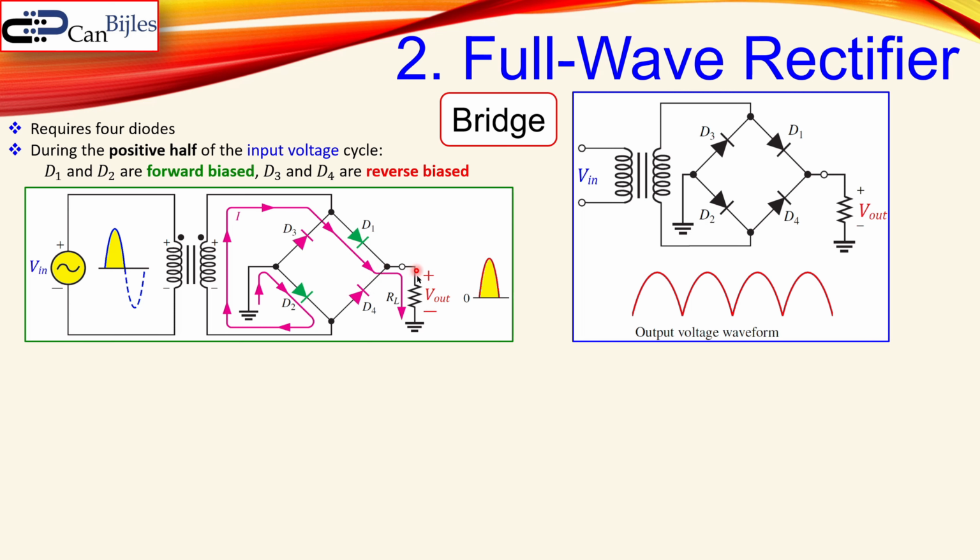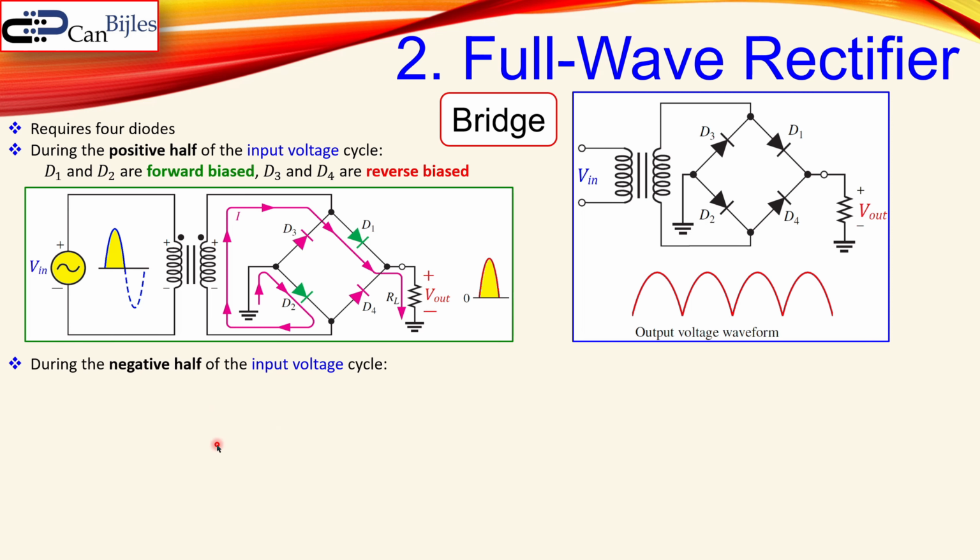It goes through the load to ground, but there's also ground here, so it will pick up here, going through D2, not through D4. Why? Because this potential is larger than that potential, because this is ground. So D4 is again reverse biased, and then going here, it makes this full circle again, and the situation repeats itself. This is for the positive half of the input voltage.